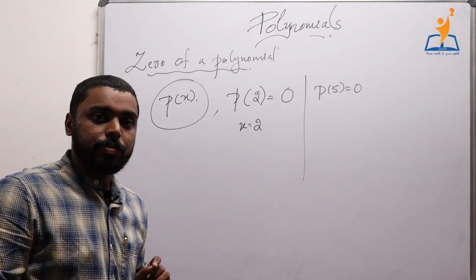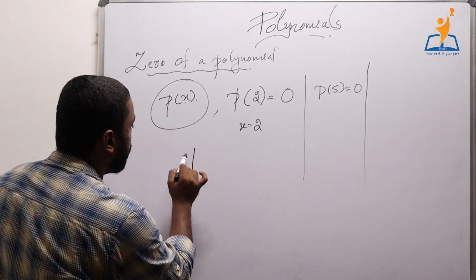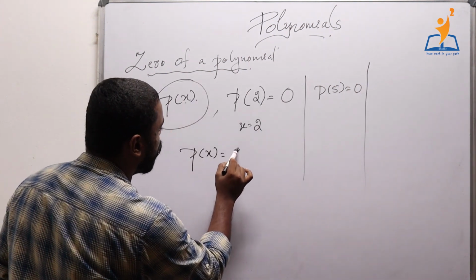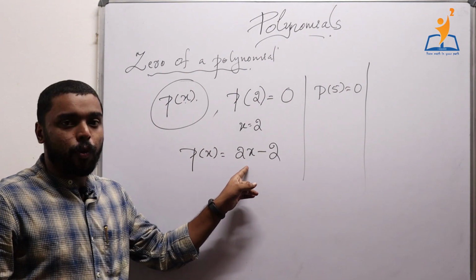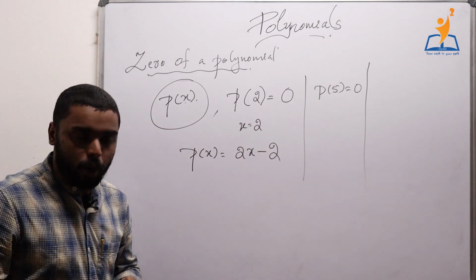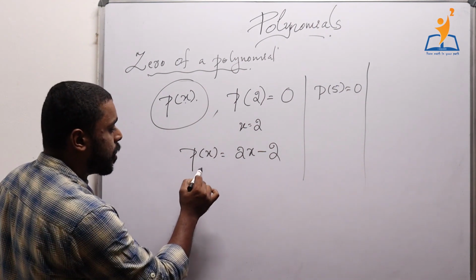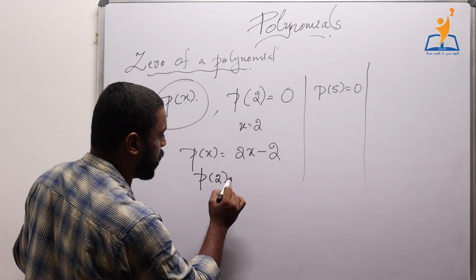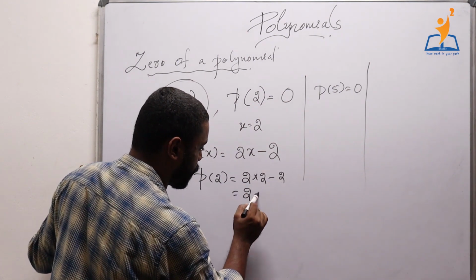Is it clear? We can check by an example. Suppose that p of x is equal to 2x minus 2. Since it is of the form a n x raised to n plus and so on up to a 0, we can say that this is a polynomial and the degree of the polynomial is 1. Suppose that we are going to find p of 2. What is p of 2? 2 into 2 minus 2 equal to 2.